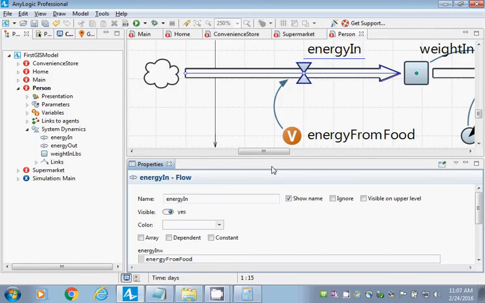So the first salient difference is that variables, so parameters, have a very specific purpose in life. A parameter encodes an assumption about the model, and it communicates that assumption from the point where, let's say a person is created, like when a birth occurs for them, or when they're in that initial population.